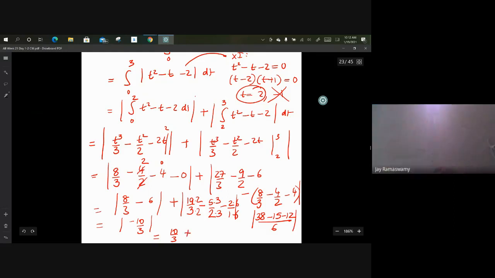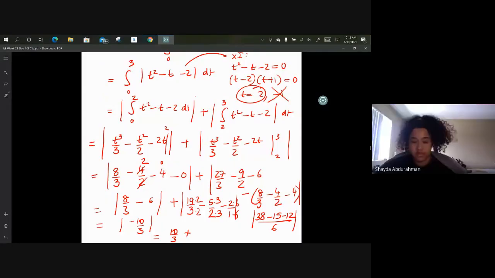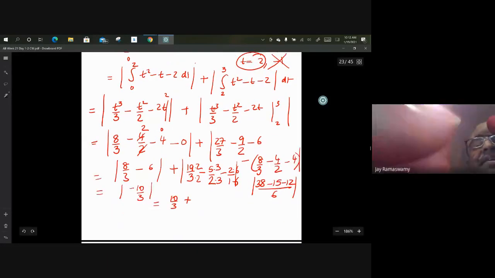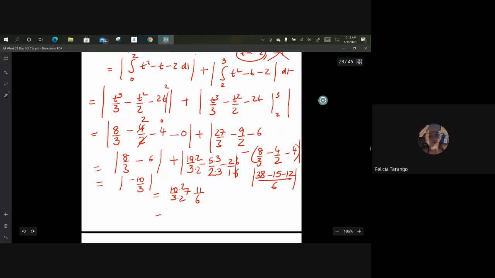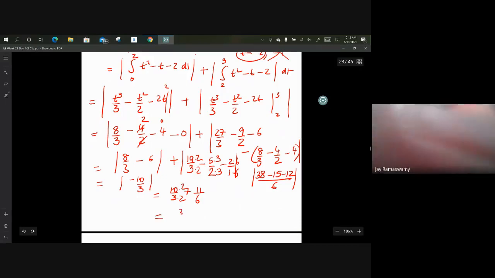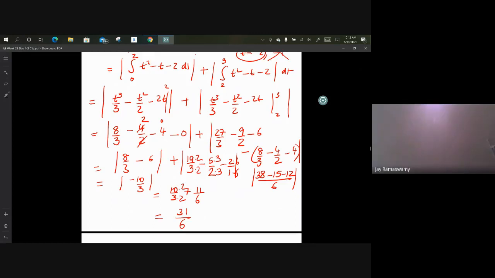Tell me what you got. 11 over 6. Absolute value would be 11/6. And the final answer: can we take LCMs again? Is that 31/6? Yes. The more you do yourselves, the better off you'll be.